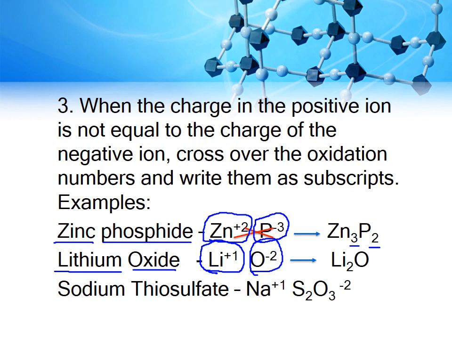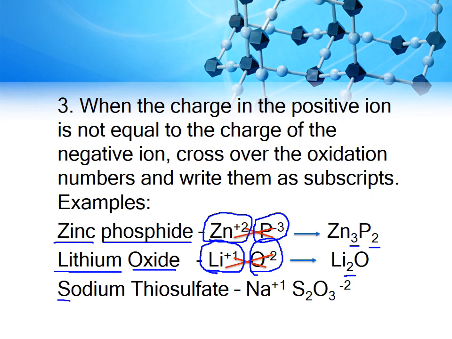So therefore, we will cross them over and write them as subscripts. The subscript of lithium will now be 2, and that 2 came from oxygen. And the 1, which is the oxidation state of lithium, will now be the subscript for oxygen. You notice that 1 is not written beside the symbol of oxygen. It is because it is understood that there is only one atom of oxygen in lithium oxide.